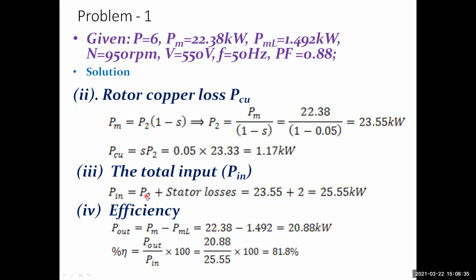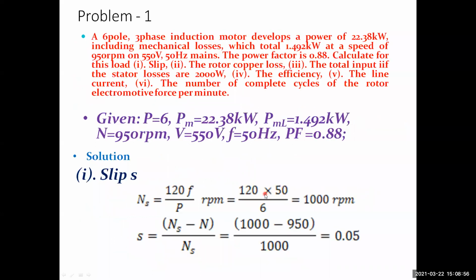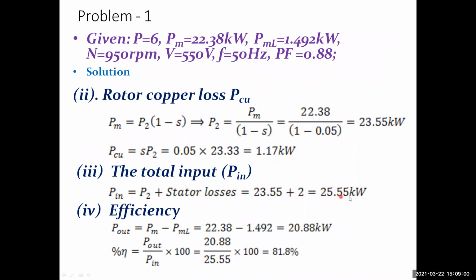Now the total input power. Total input power is nothing but stator output plus stator losses. Stator output is called rotor input. Rotor input plus stator losses is the total input of the three-phase induction motor. So 23.355 plus stator losses of 2 kilowatts is 25.355 kilowatts.